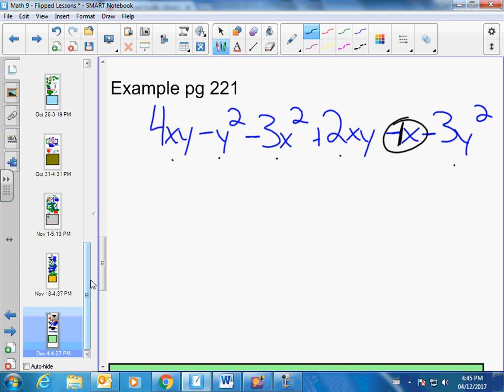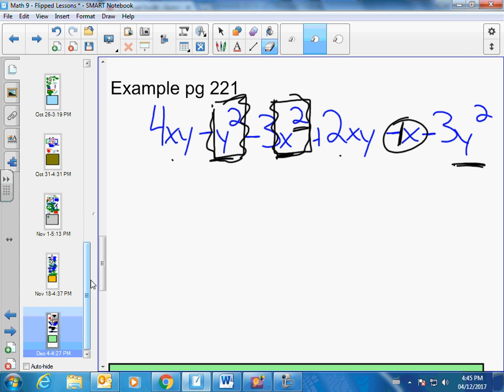So the next thing I'm going to look for is terms that have variables and exponents. But I actually have a few different ones to deal with here. Now, it should go without saying, but x squared is not going to be the same as y squared. So I can't treat these as if they were like terms. I have to treat them completely differently. And I just realized how much of a mess I made.